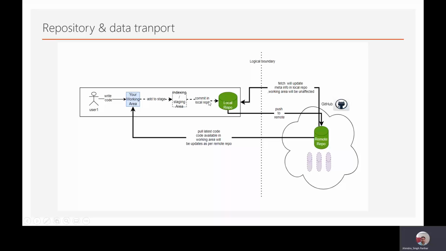This is a logical boundary we should always keep in mind. Every change the user is trying to make, they are supposed to work on in their local repository. They never directly put something in the remote repository. The remote repository is something else, the cloud hosting environment.